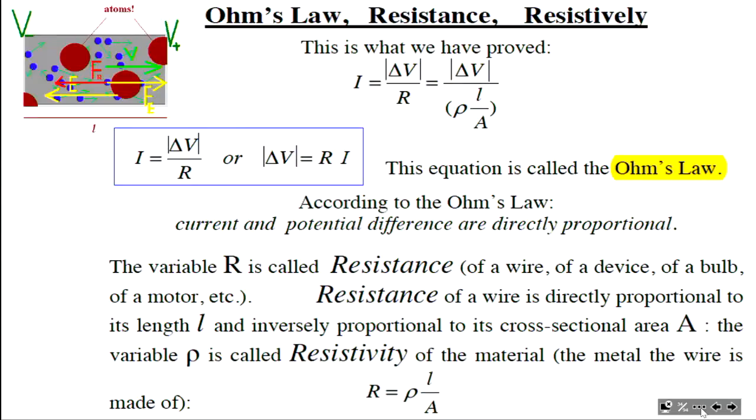This is the relationship between the electric current generated by applied voltage, and this coefficient has a name, resistance. And it depends on internal properties of a wire.